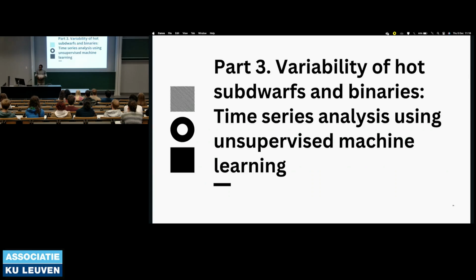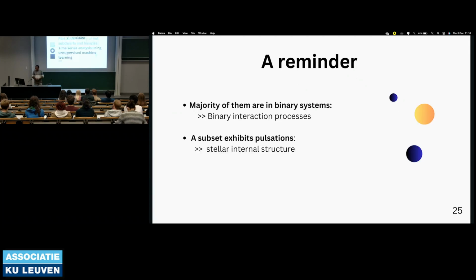Now let's move on to the second part of the project, or the third part of this talk, where I use unsupervised machine learning to analyze the time series of hot subdwarfs and binaries.